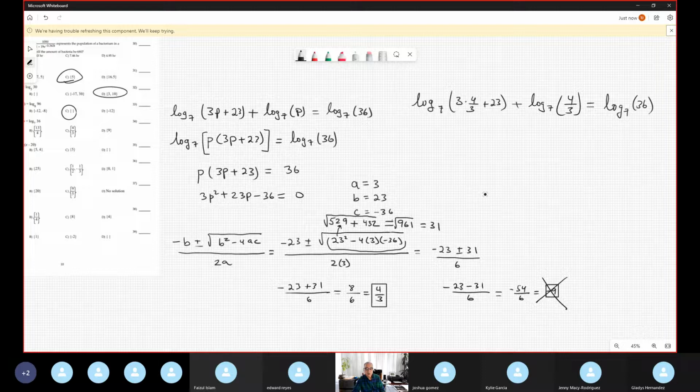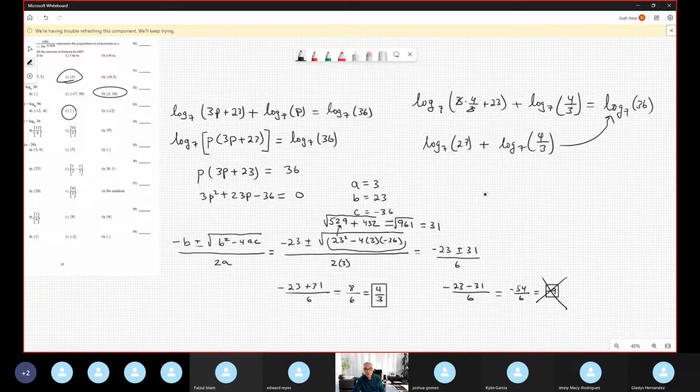It's obvious that this is cancelled. Okay, so we have logarithm base 7 of 4 plus 23, which is 27. Plus, and we have a fraction here, wow. Logarithm base 7 of 4 over 3 should be this.